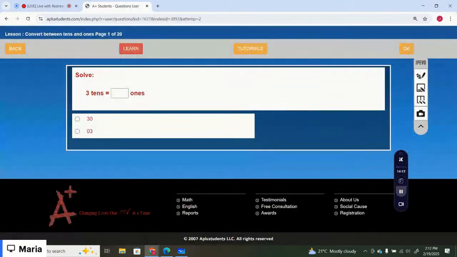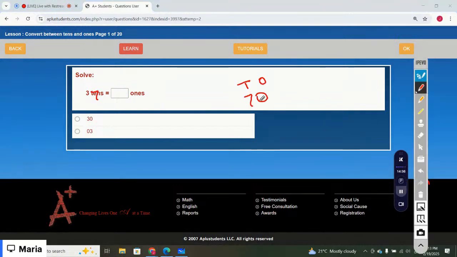3 tens. So how many ones do we have? 3 tens, when you write the number, that makes 30. So how many ones?